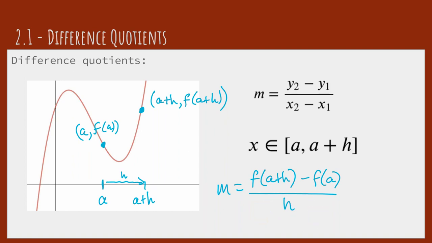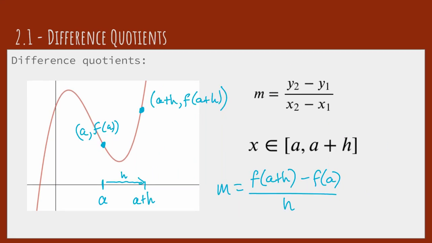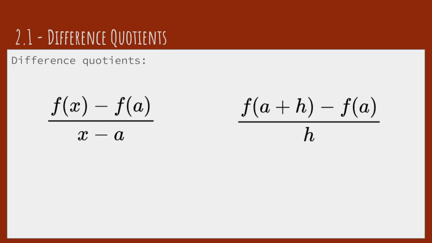And that difference quotient is equivalent to the difference quotient that we have here, just replacing the b with a plus h. So these two difference quotients are going to be difference quotients that pop up a lot when we're dealing with the tangent line problem. And essentially what they are is just the slope formula, but it's the slope formula with some variables in there.